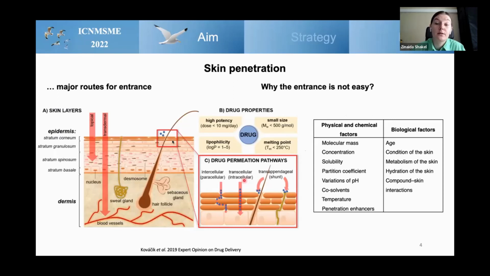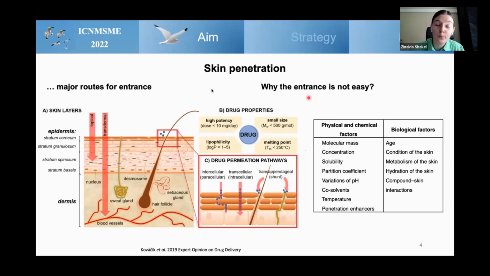Also, there is the intrafollicular pathway, which goes through the hair follicles, the transcellular pathway, which goes directly through the cells, and the polar pathway, using polar pores on the skin.